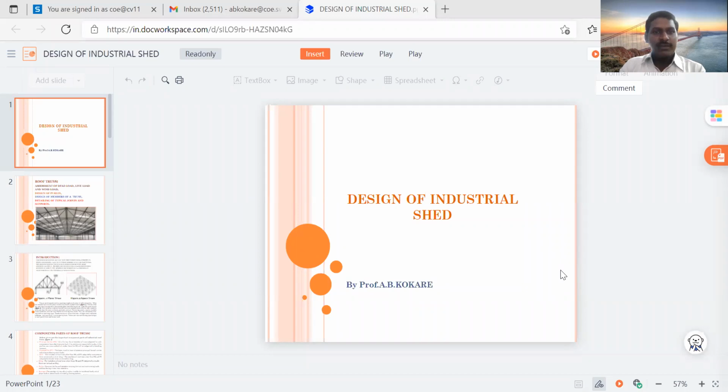Okay, good morning, everyone. So, as part of advanced trainings for the software, today we have the design of industrial shed. So, we have learned the subject, that is design of steel structure.